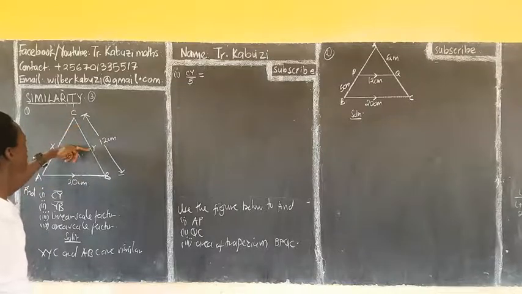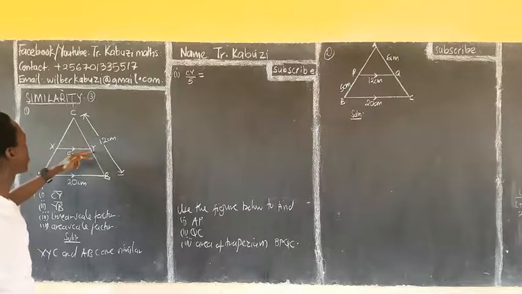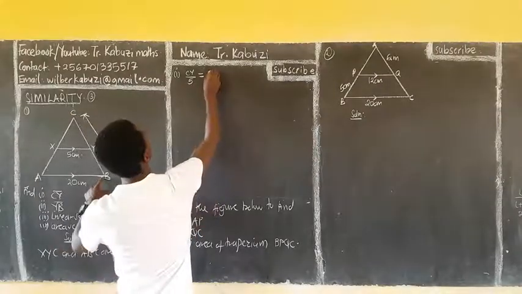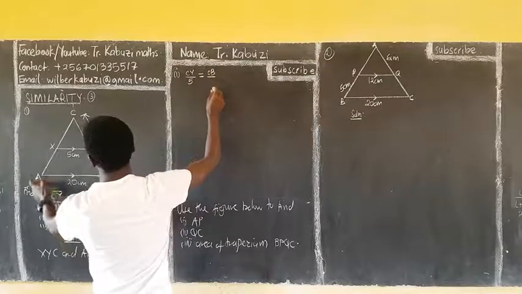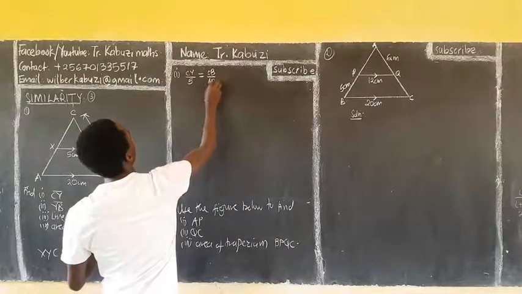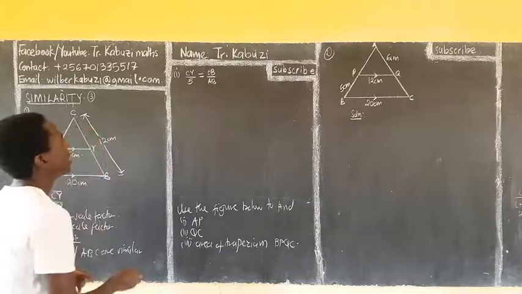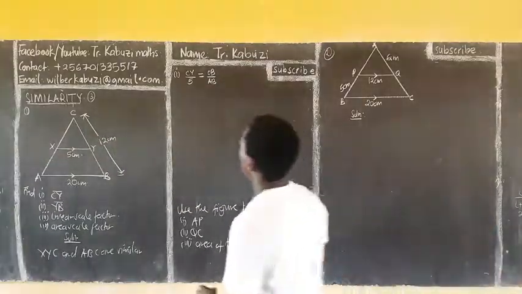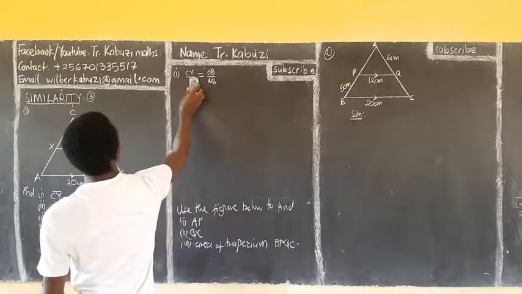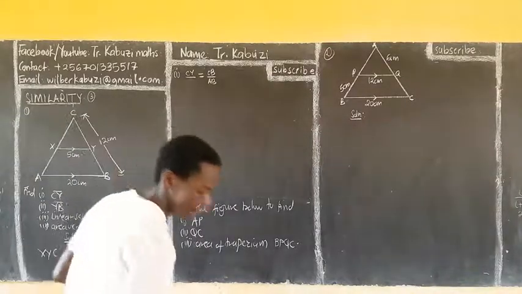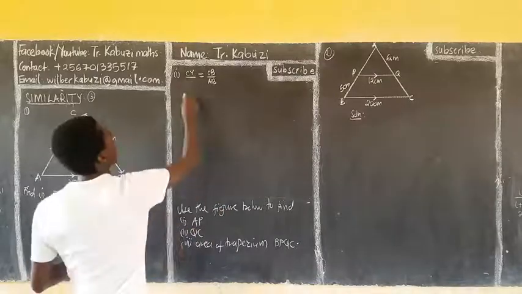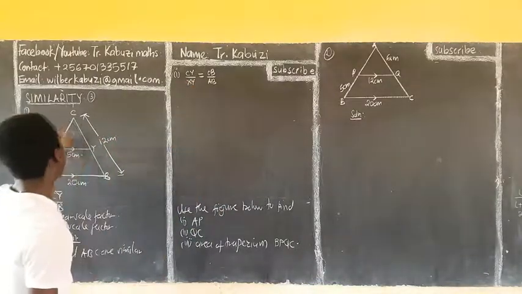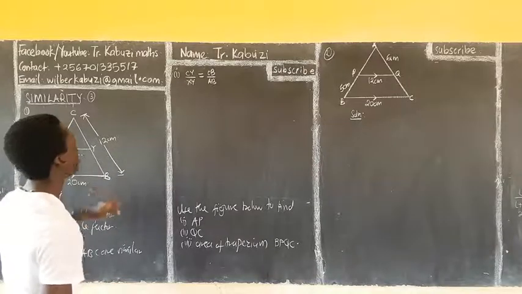So if I use CY over this, then I'm going to use CB over AB, where 5 is our XY. Let me remove it so that everyone is able to follow. This one is X, Y. So you see that I'm comparing CY, XY, then CB, and AB.